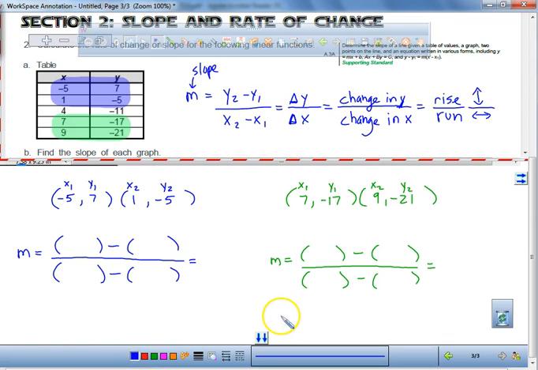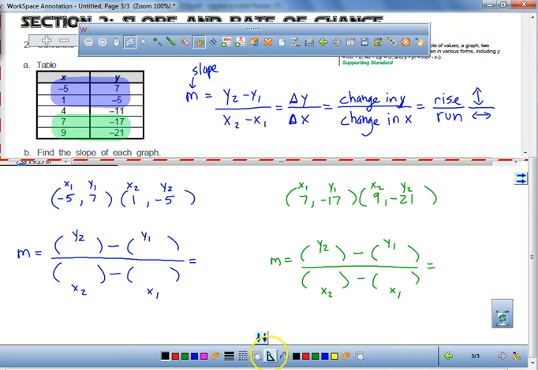The faster I do it and the less organized I am, the more likely I am to make a mistake. So I'm going to label this. This is y2, this is y1, this is x2, this is x1. y2, y1, x2, x1.